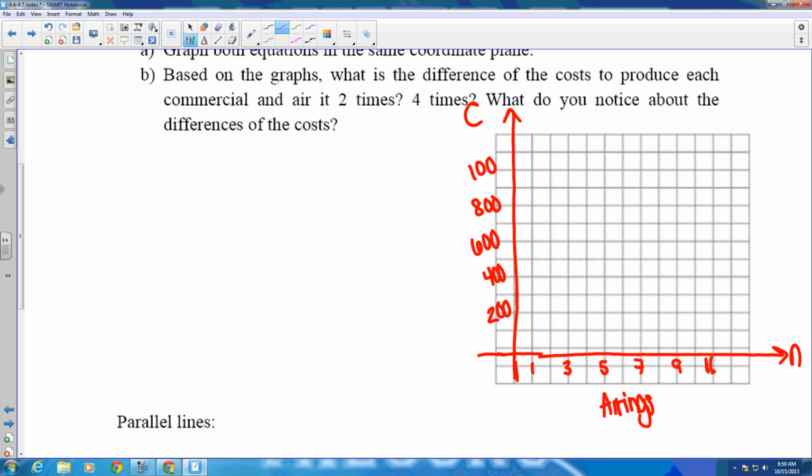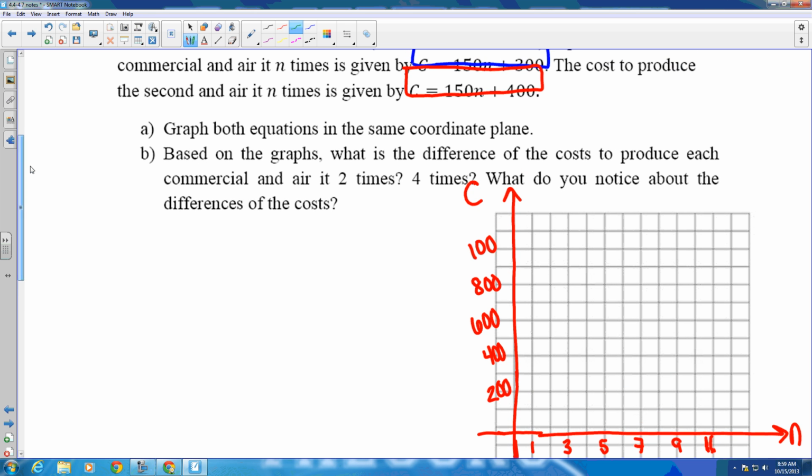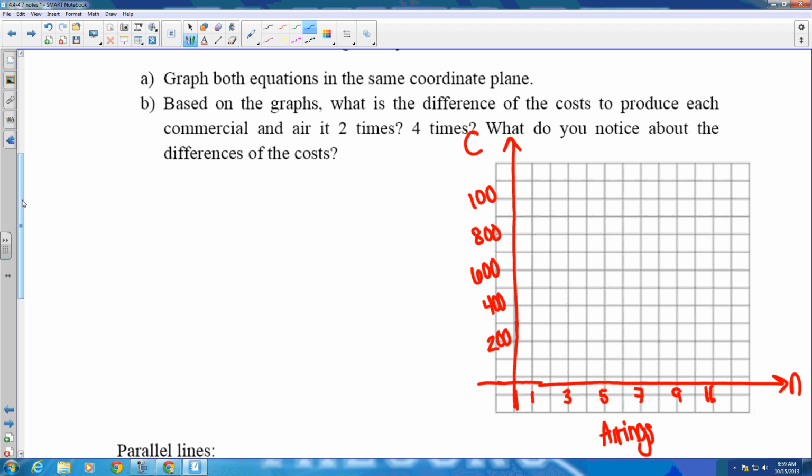Alrighty, so now we need to graph both of them. Let's see what colors we picked. The top one is blue, 150n plus 300. So we start at 300. And our slope is 150, so that's 150 over 1. So up 300 over 2, I think would be a little easier.